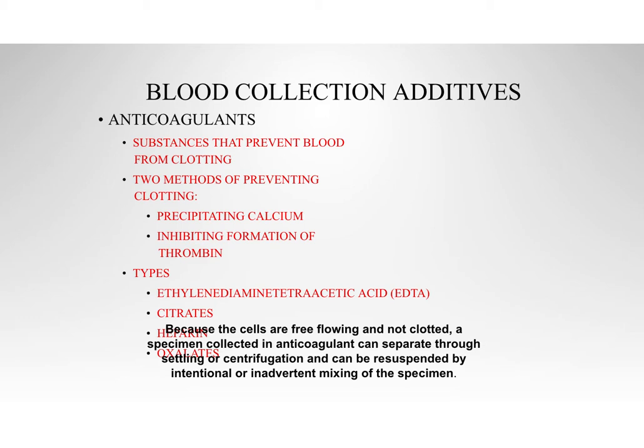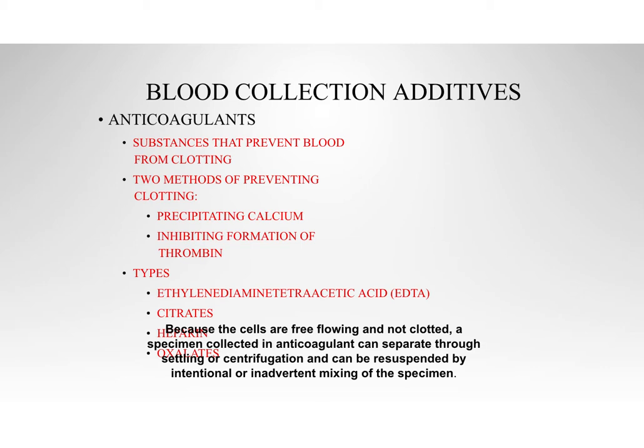First, we have anticoagulants. Those are the substances that prevent blood from clotting. They do this in two ways. One is precipitating calcium. Basically, that means it's filtering the calcium out of the blood, because remember, calcium is one of those clotting factors, okay?